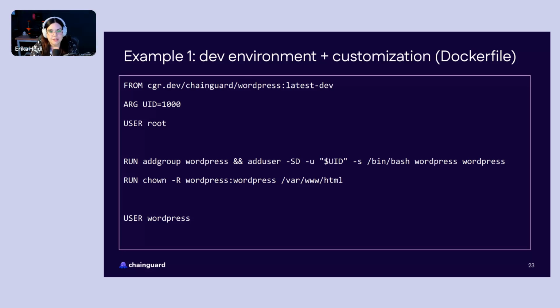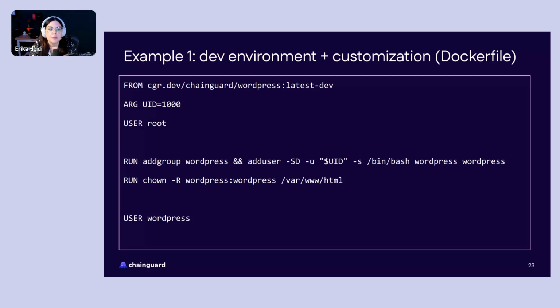This Dockerfile is based on the latest-dev image, because we want to use the entry point script and everything. And then we set a UID argument, because in order to create a volume share and to persist the customizations, you're going to go to the dashboard and install a new theme or a new plugin.